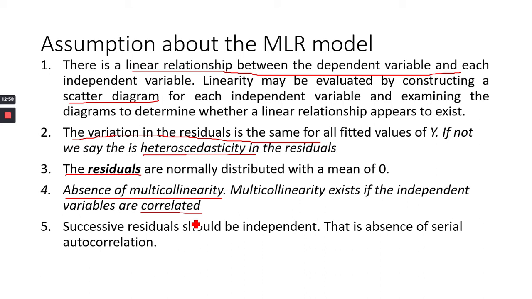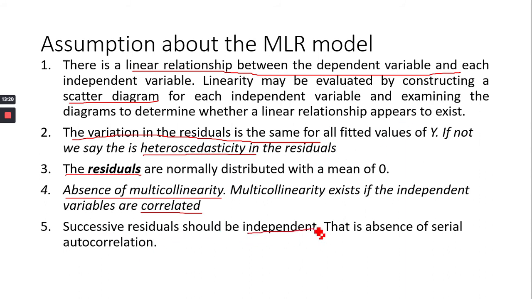If they are correlated, we have multicollinearity. And multicollinearity is a problem when it comes to multiple linear regression. So the assumption is that whenever we fit a multiple linear regression, there is no multicollinearity between any pairs of independent variables.